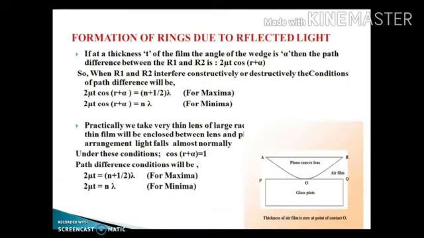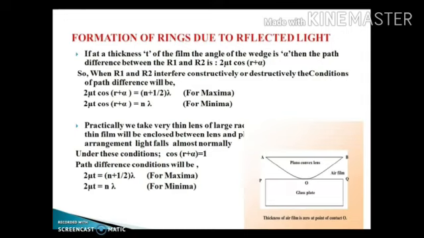Now, in the next slide, you can see how the rings are formed in the reflected light system. As I have already told you in the beginning, we have obtained an air film of variable thickness between the plano-convex lens and a glass plate.